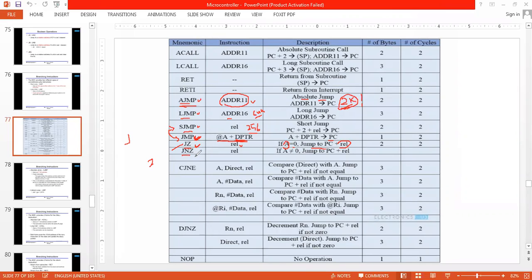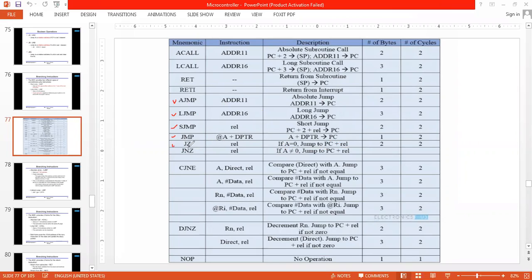JNZ. Now these are conditional jumps. The unconditional jumps are AJMP, LJMP, SJMP, and JMP. Whatever jumps are here now, they are based upon a condition.